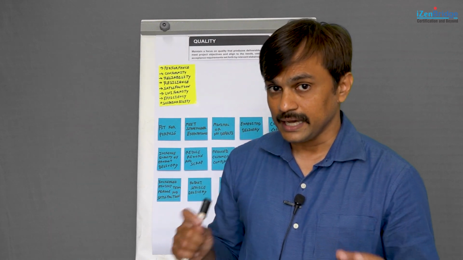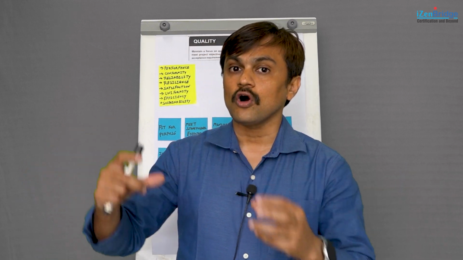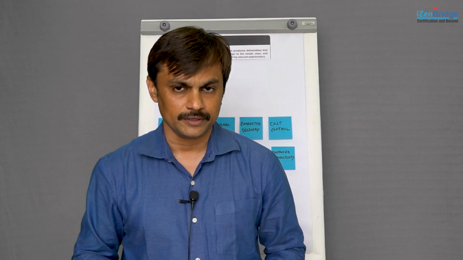If you read the line again, build quality into processes and deliverables. We are not only focusing on deliverables alone, we are also focusing on the approach of achieving those deliverables, the methods and activities we apply.